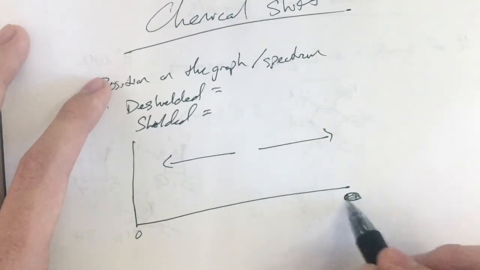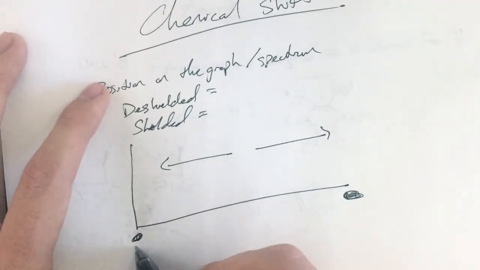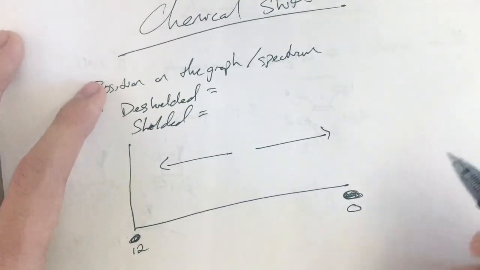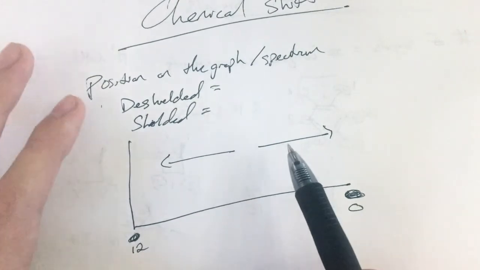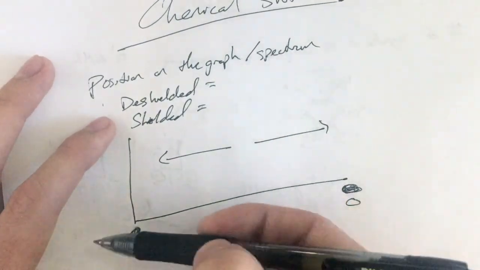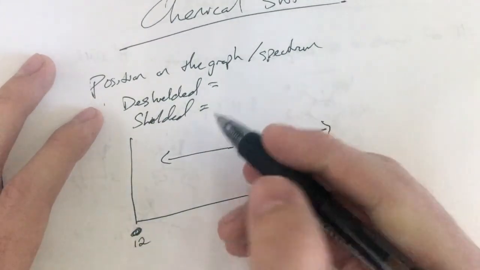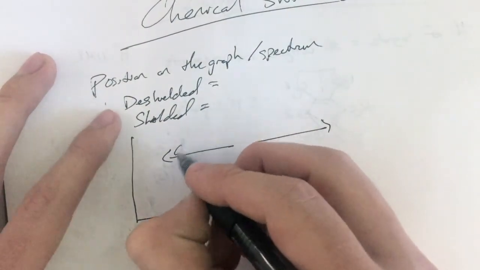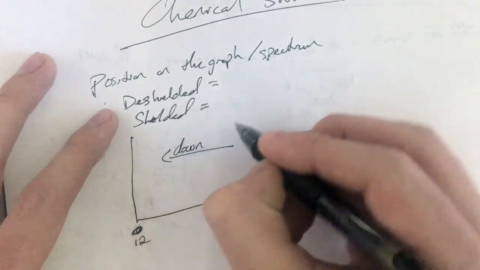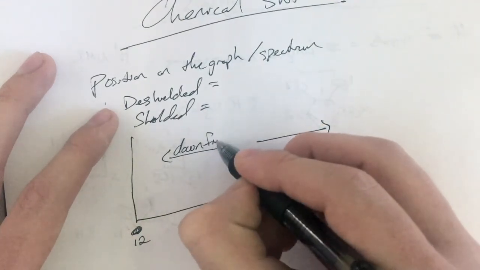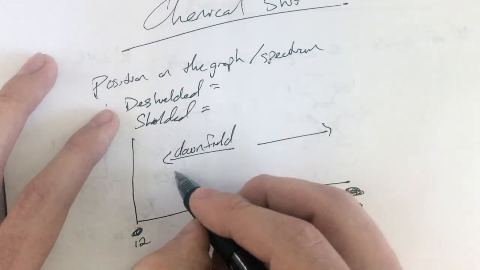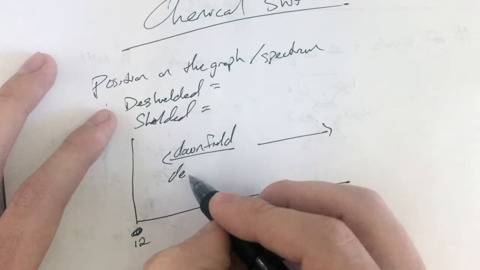But unfortunately, in NMR, it's the reverse. So going this way towards the y-axis, towards the intercept, it's downfield. And if something is shifted downfield, it is deshielded. Downfield, deshielded.